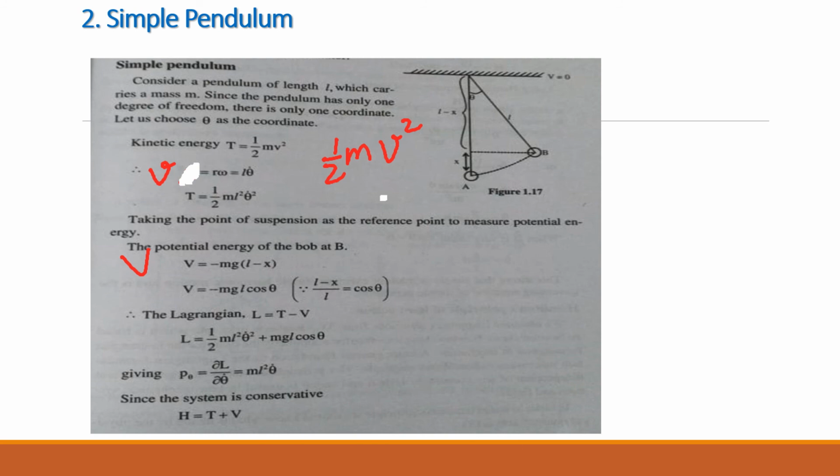Then the Hamiltonian of a system H is equal to T plus V. So we substitute for T the kinetic energy and for V the potential energy. So H is equal to this expression. Now we can use theta dot is equal to p theta divided by m L square.